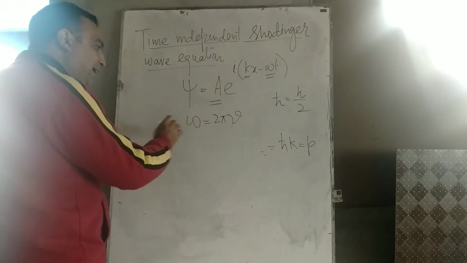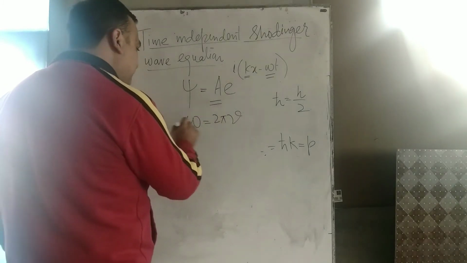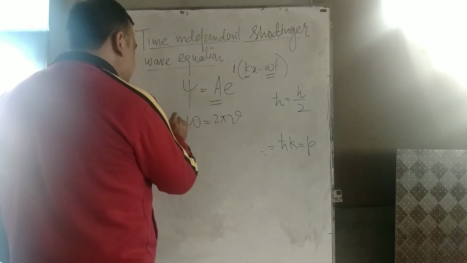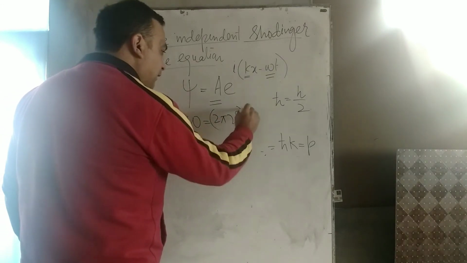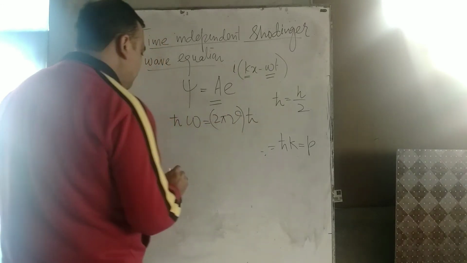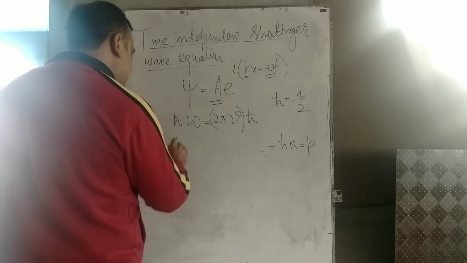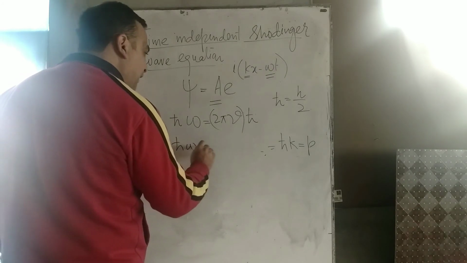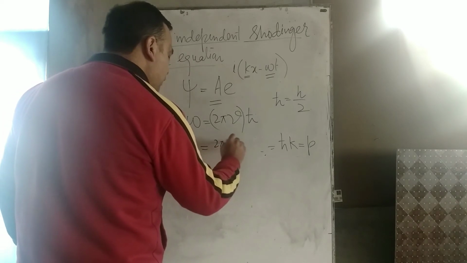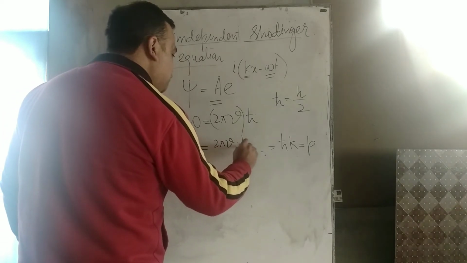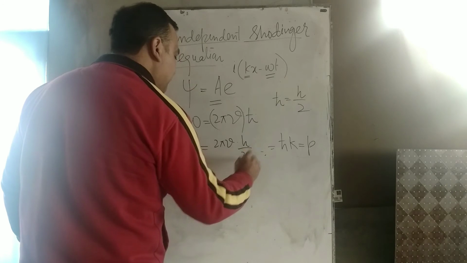If I multiply this by h bar on both sides, what I will get is h bar omega is 2 pi nu times h by 2 pi.